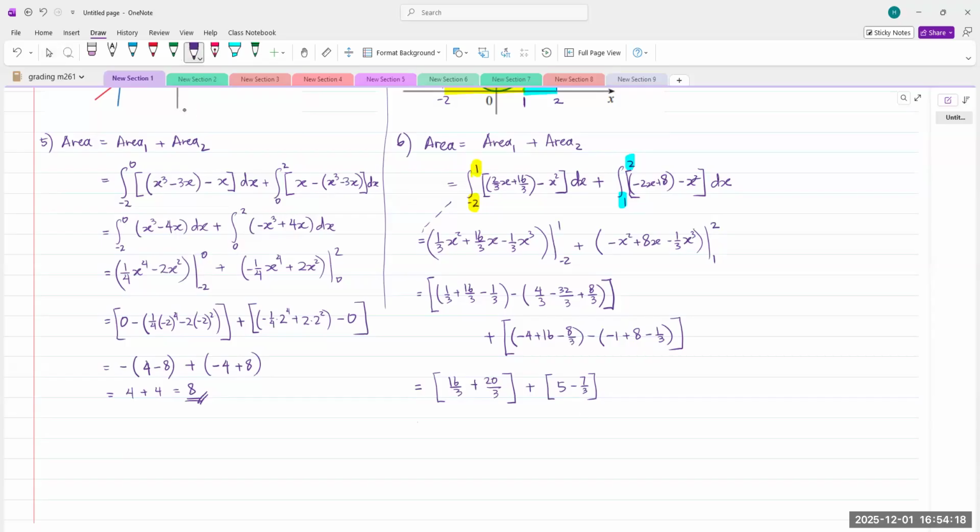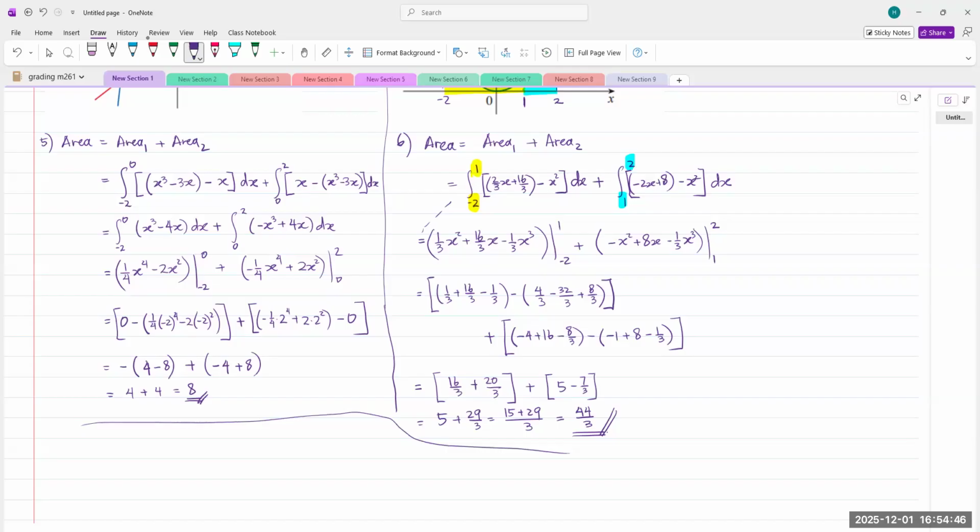So I have that 5, so 16 plus 20 minus 7, that's 29. So I have 5 plus 29/3. So that's 15/3 plus 29/3. That's 44/3. Or you can make it a mixed number also.